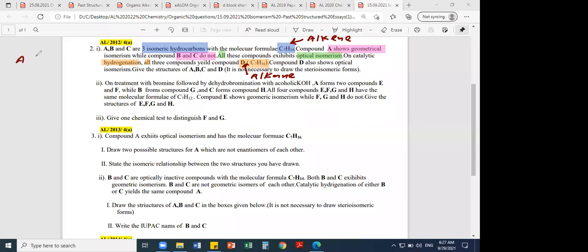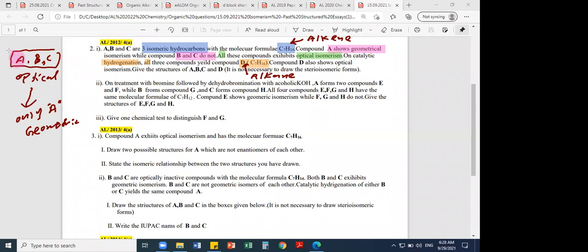If all ABC are optical, and out of that only A shows geometry, that means what? Only A shows both optical and geometry. Can you understand that? Did you notice here?